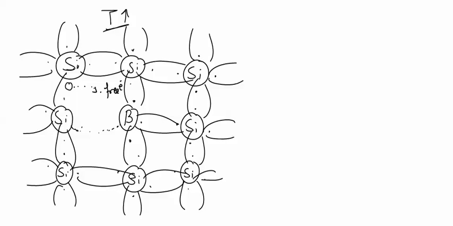Like this electron, there will be other electrons which break covalent bonds and become free electrons. Out of these free electrons, there is a possibility that some electron is accepted by this boron impurity, and after accepting this electron, the fourth bond of boron will be completed.